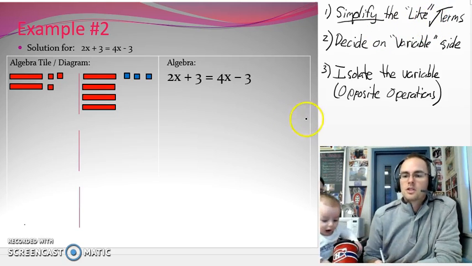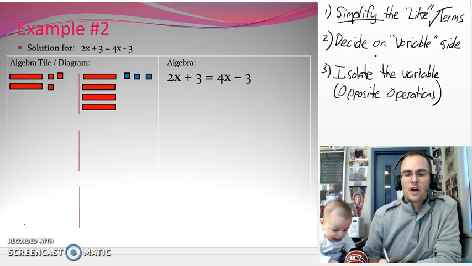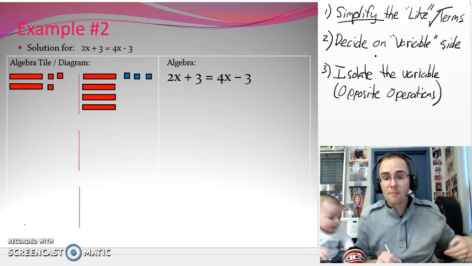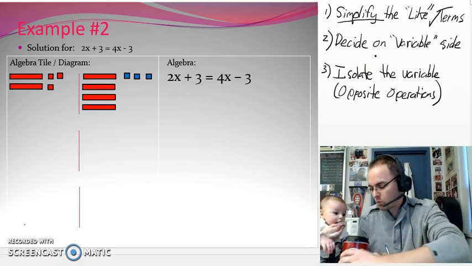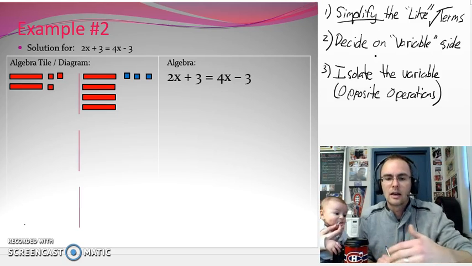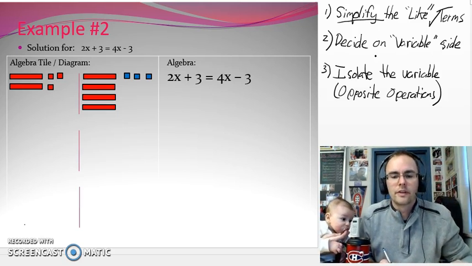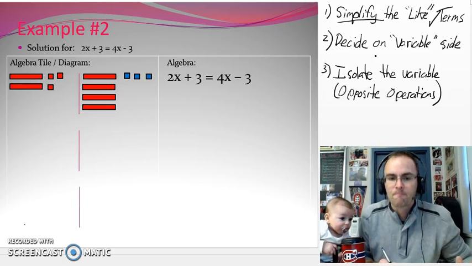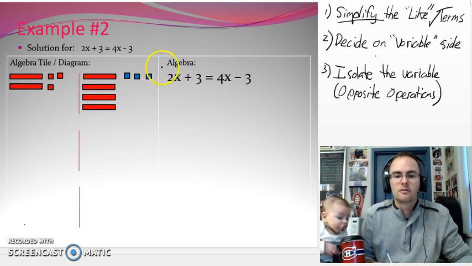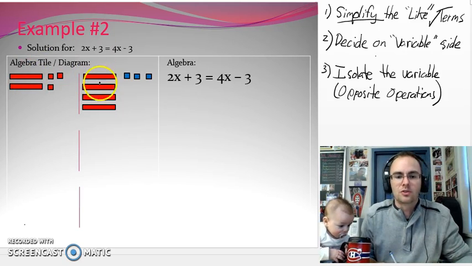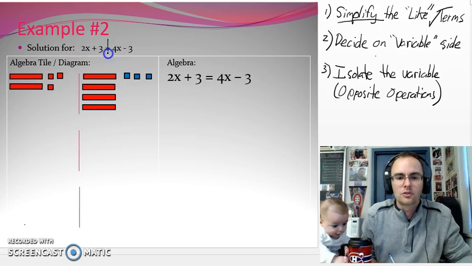Check. Second part is decide on a variable side. Now, if you remember with that balance scale, I don't know if I really explained it well, because it was hard when you have an example where only one side of the equal sign has variables. This time, both sides of your equal sign have variables.